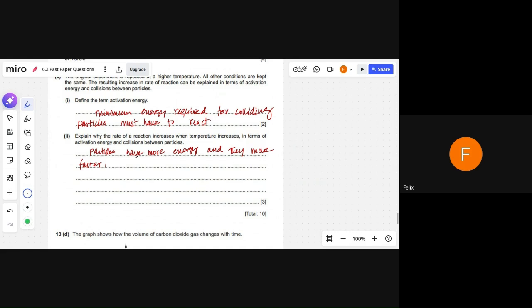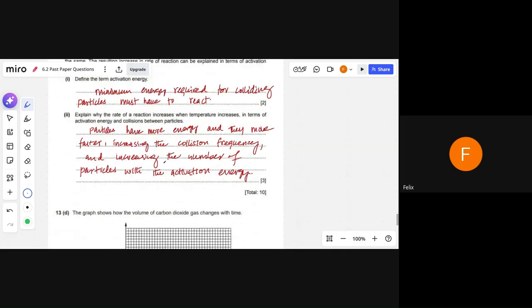Particles have more energy and they move faster, increasing the collision frequency and increasing the number of particles with the activation energy, right? Okay, so I hope this is clear. We move on to the next one.